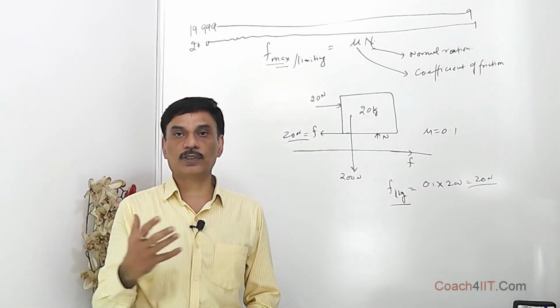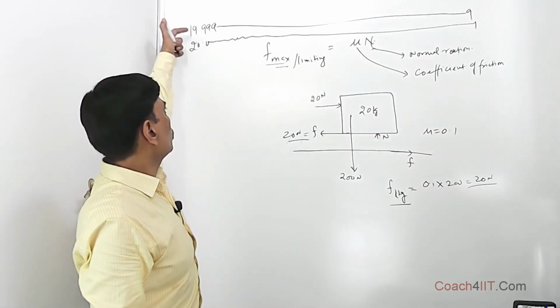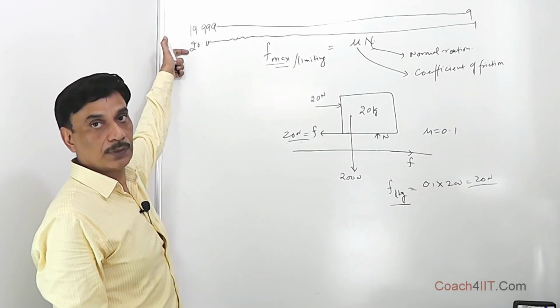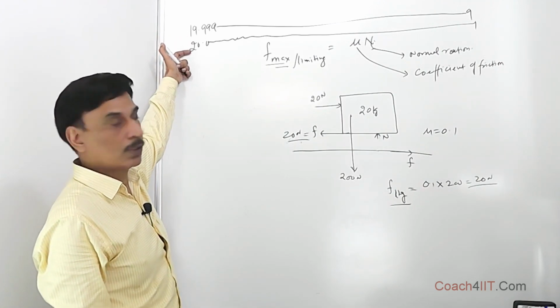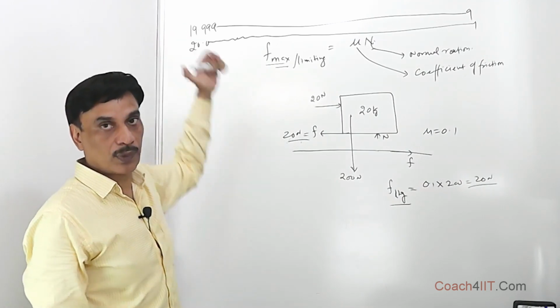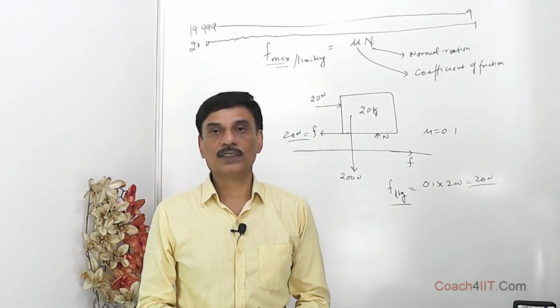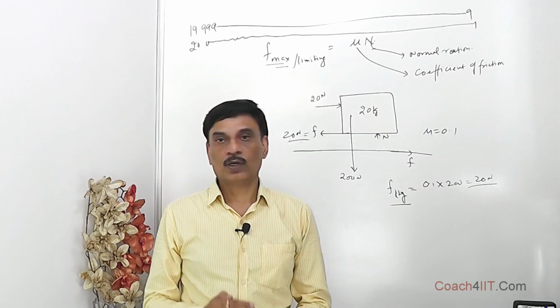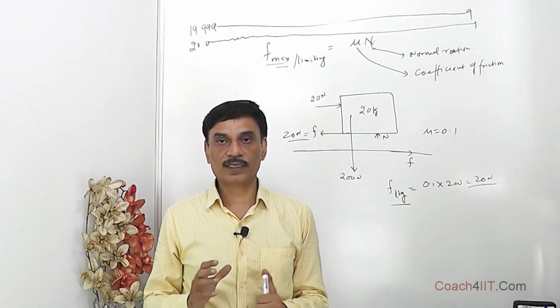But this is almost equal to 20 Newton. Over here it is stationary, over here it starts moving, it is accelerating. So when the force being applied is equal to the limiting value of friction force, then the block being just stationary or having just started moving is one and the same thing.